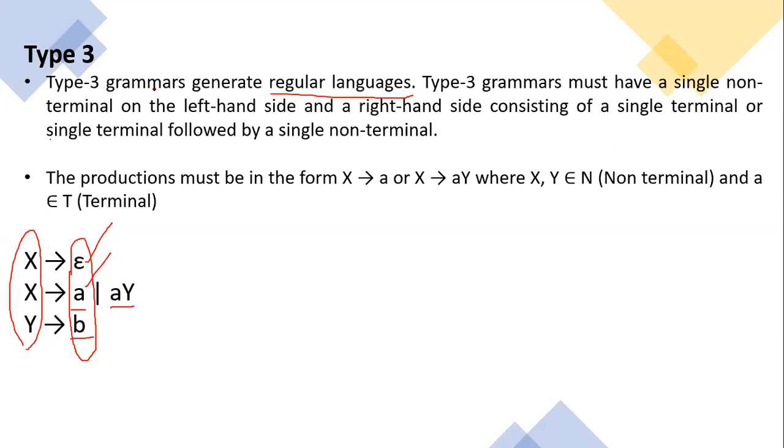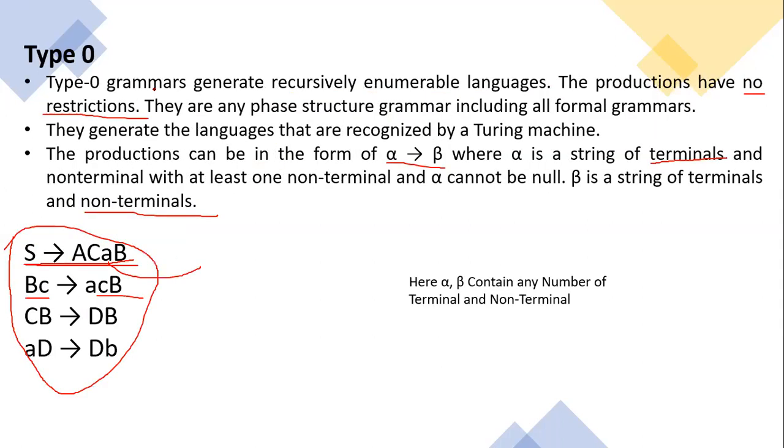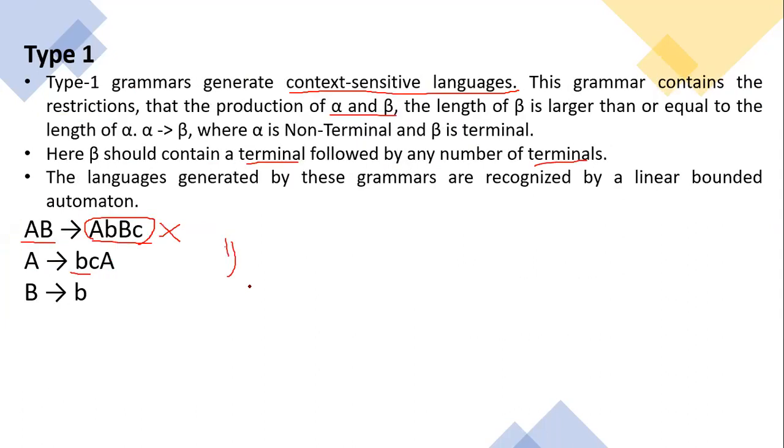Can you differentiate the 4 types of grammar? Type 0 means all grammars are in the form alpha tends to beta. There is no restriction in type 0 grammar. In type 1, the length of beta should be greater than or equal to the length of alpha, and we have terminals followed by any number of terminals and non-terminals.